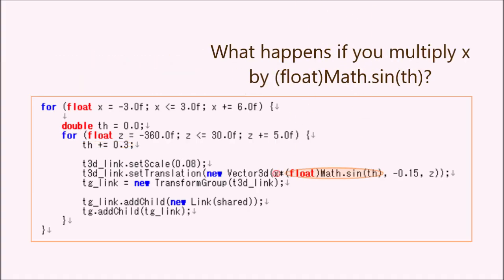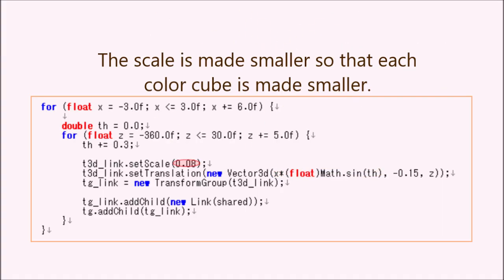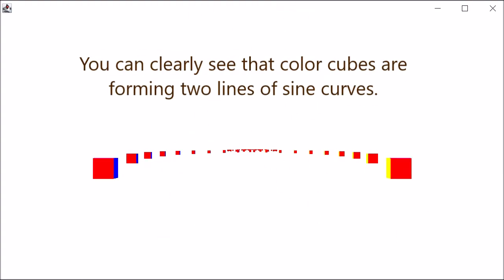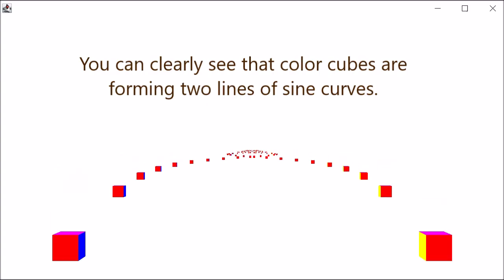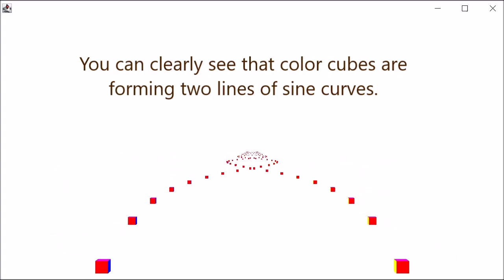What happens if you multiply x by float math sine th? The scale is made smaller so that each color cube is made smaller. You can clearly see that color cubes are forming 2 lines of sine curves.